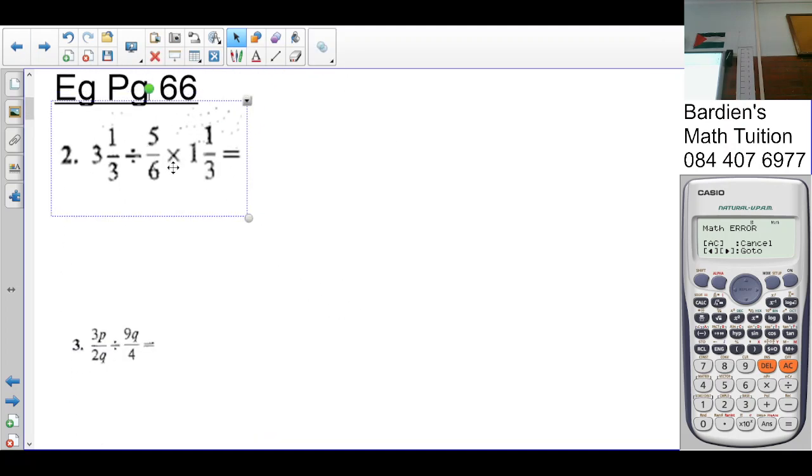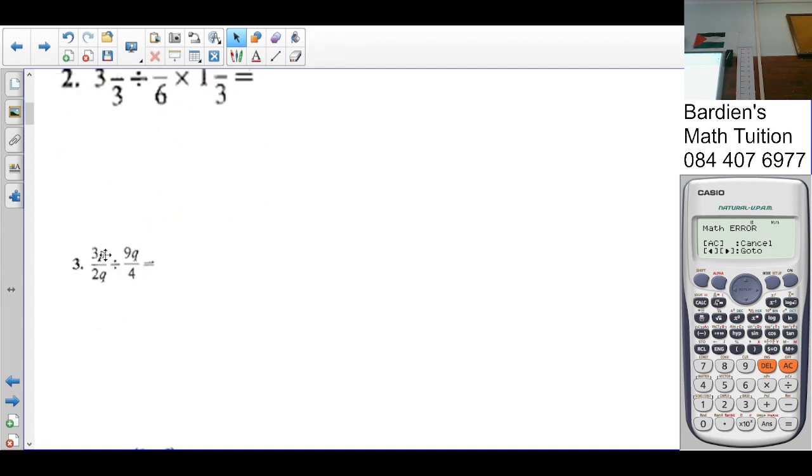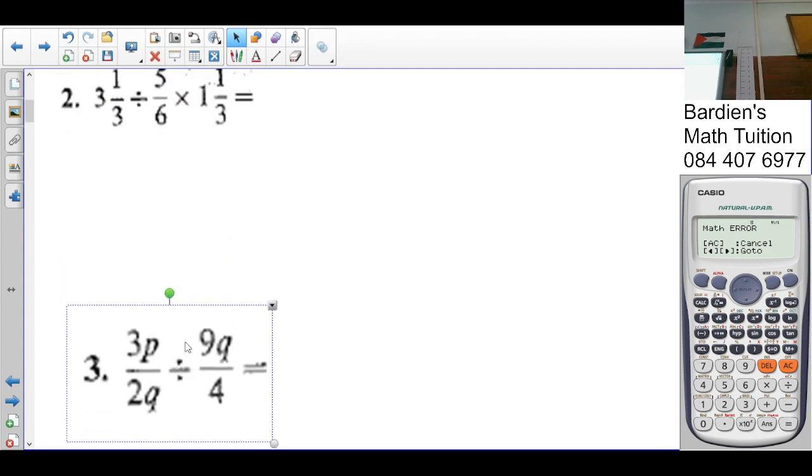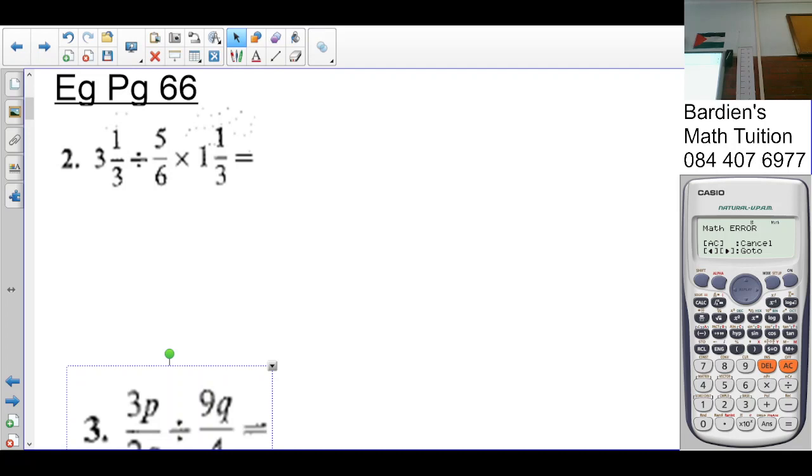Number 2. The first thing is we need to change to improper fractions. So if I change that to an improper fraction, times and add, times and add, it's 10 over 3, divided by 5 over 6, times 4 over 3. You all agree with that?